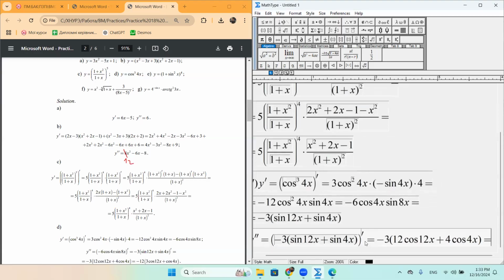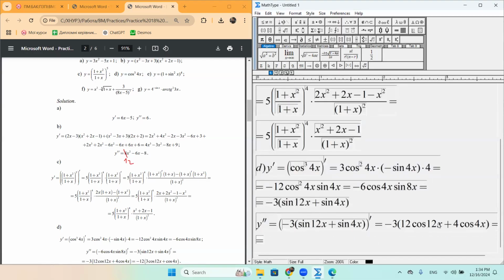And we can also move 4 out of the brackets as a common multiplier. So minus 12 times 3 cosine of 12x plus cosine of 4x. And that's it. Any questions about this task?